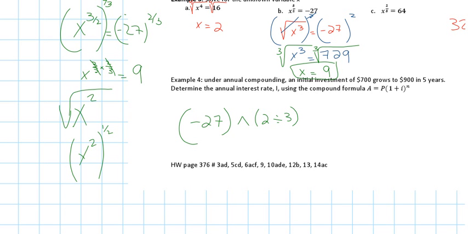So do that in a calculator. Negative 27, cube root, then squared. So where's the squared go? But you can do it in a calculator. Negative 27 power... why is this not working?